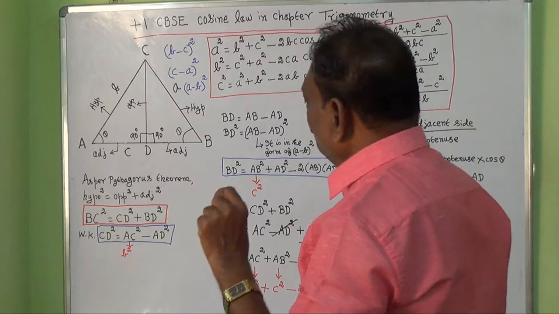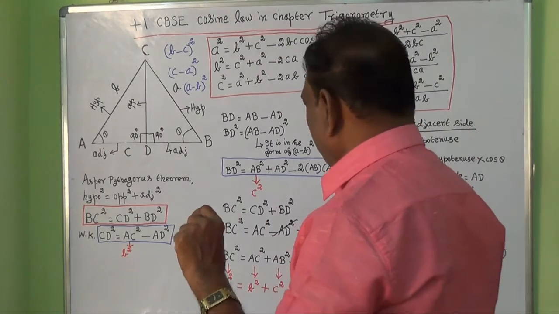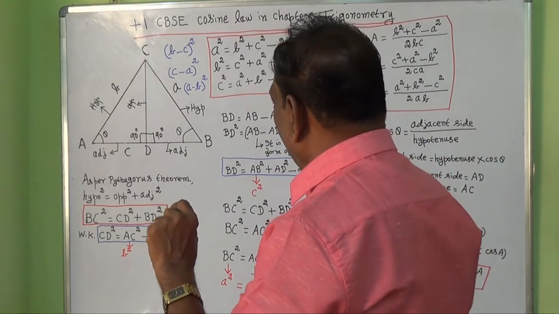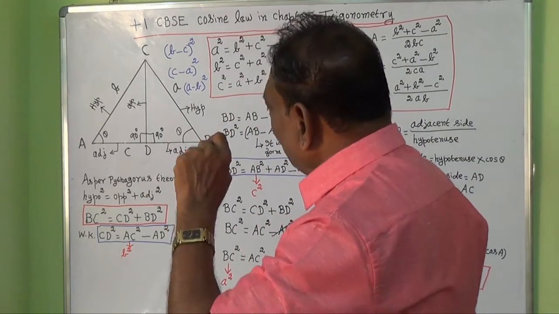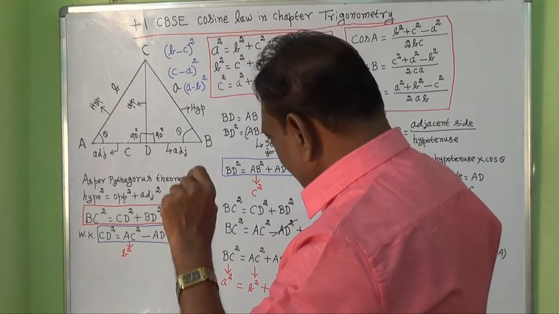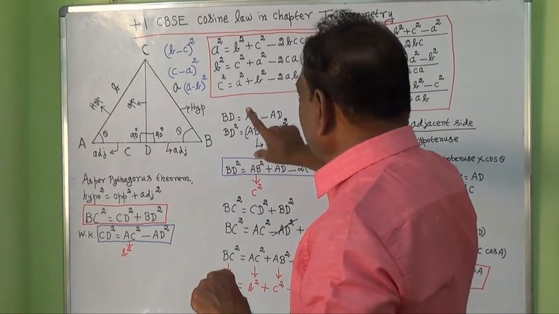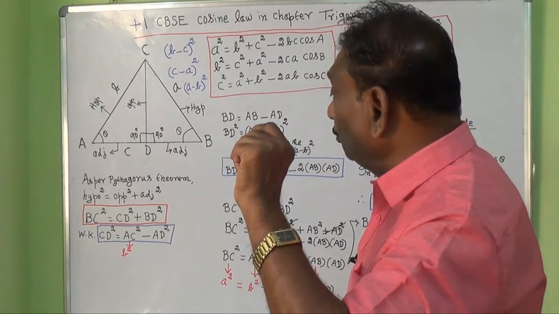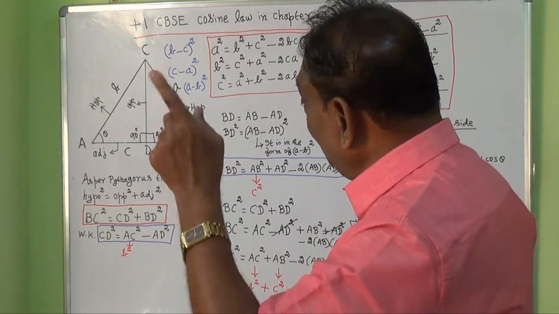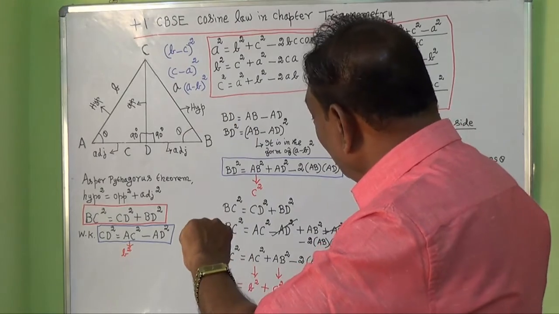So in order to find the BD square, first we take BD. We are going to write BD as AB minus AD. Why we are going to write BD as AB minus AD?